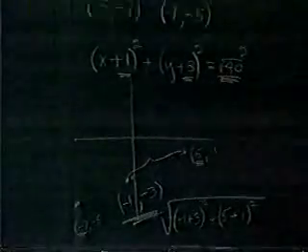And so we have the square root of, this would be 2 squared, which would be 4. This would be 6 squared, which would be 36. The square root of 40. The square root of 40 is the radius. So that squared is the equation. And there's the equation. x plus 1 squared plus y plus 3 squared is equal to the square root of 40 squared, which in this case is just equal to 40.